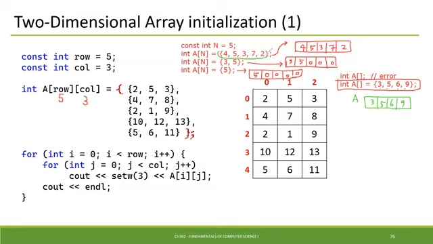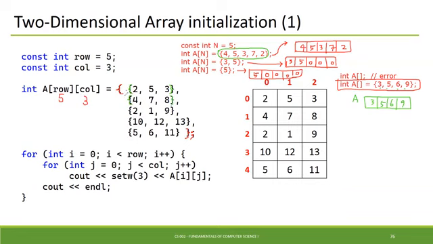This is one-dimensional array initialization. So I have 5 one-dimensional array initializations. Can you see that? This is a one-dimensional array of size 3, and this is a one-dimensional array of size 3.